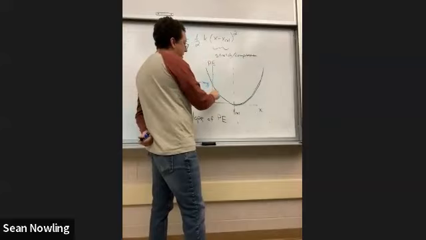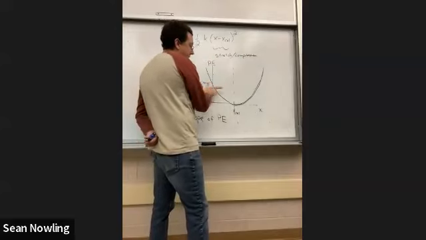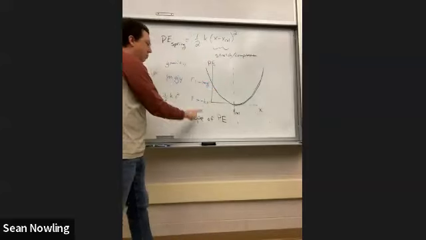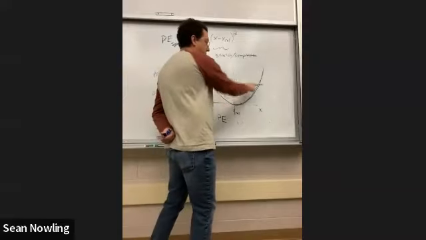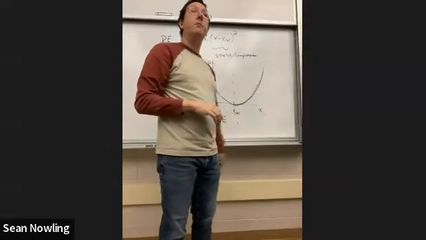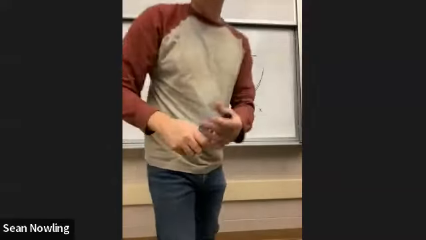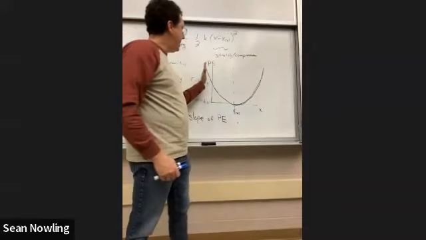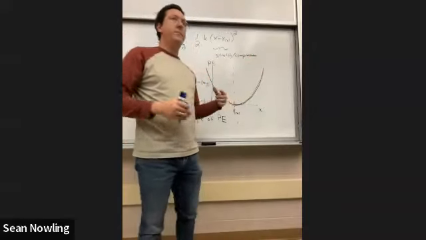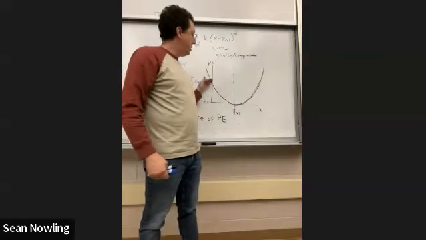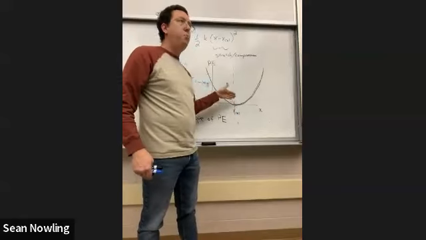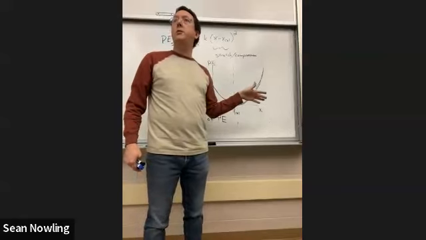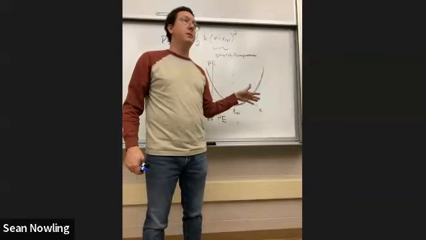On the other side, here the slope is negative. So minus the slope will be positive, and the force pushes you back to the middle. Okay. And so you can see that when you have a potential energy, the forces will always kind of push you back to the lowest energy place.